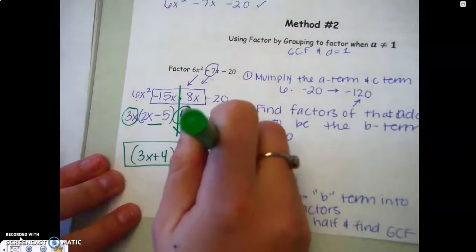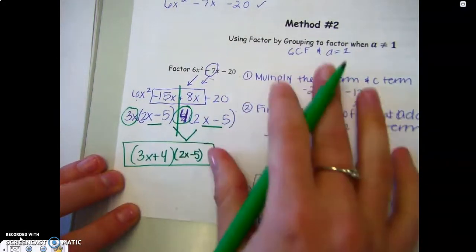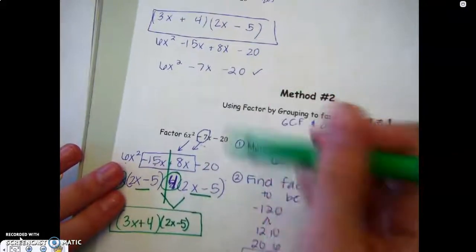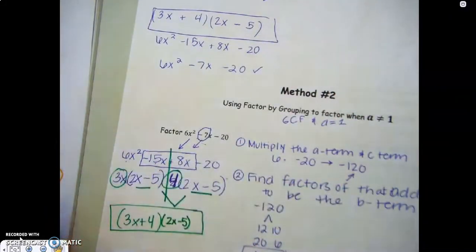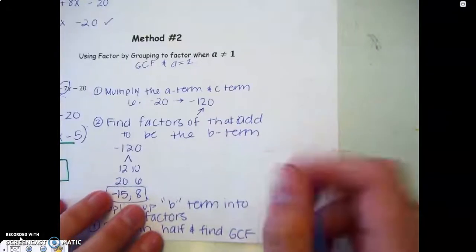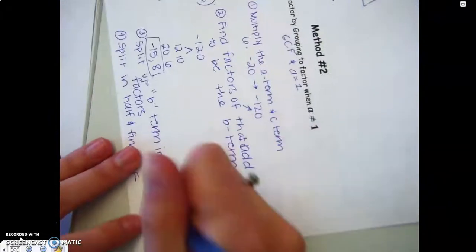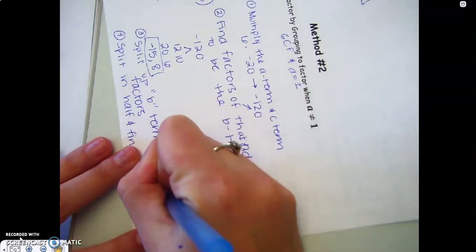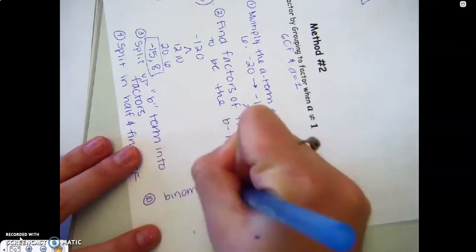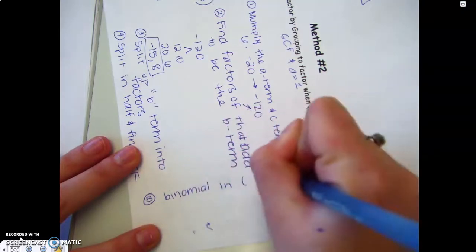And that is the method of grouping. If you look, we got the exact same answer for both of those. Okay, so that's another method. After you split in half and find the GCF, I'm going to write it up the side here. Sorry about that. The binomial in the parentheses should be the same.